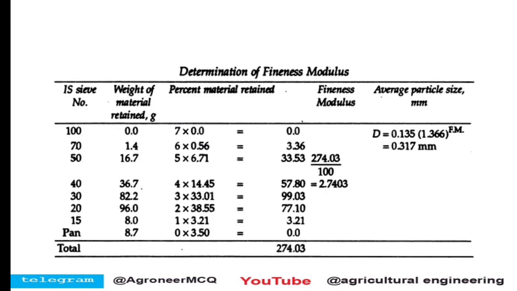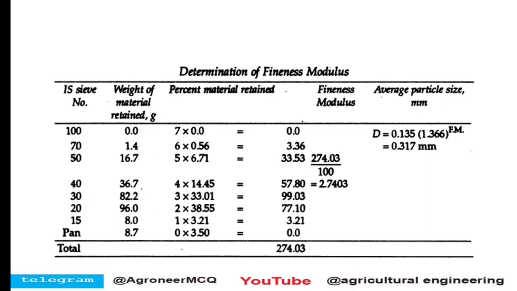See, there are different IS sieve numbers. We have taken 3, 6, 7 sieves and one pan, and the total material, after flouring, after we have made wheat flour, we have to measure the average particle size. For that purpose we have taken 275 gram of wheat flour.